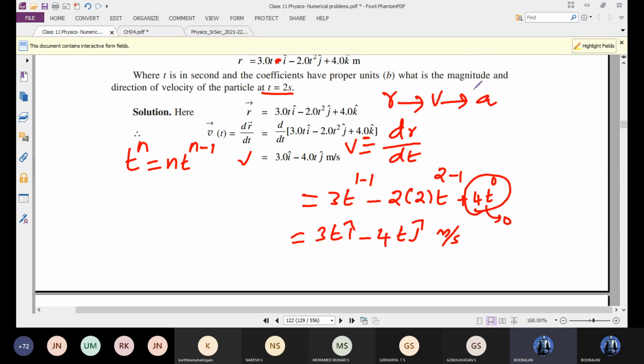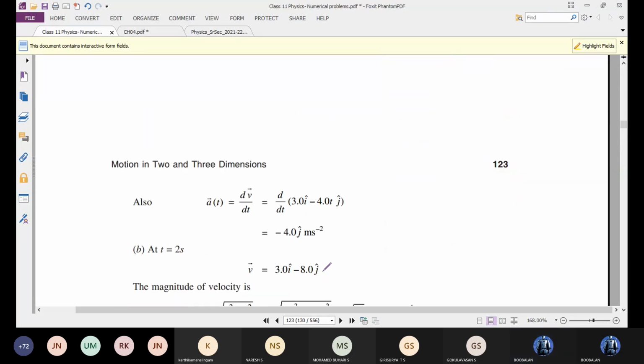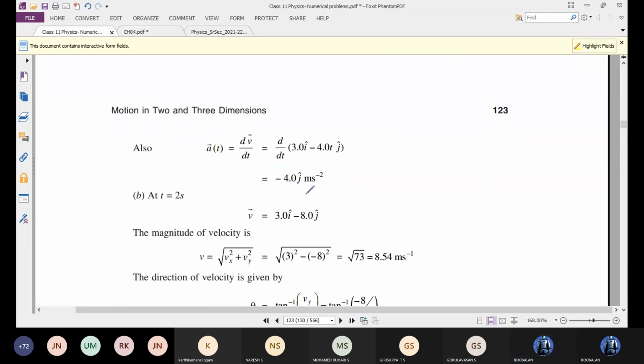Listen. What is the magnitude and the direction of the velocity of the particle at 2 seconds? This part is completed. So next we want to find the direction of velocity. After velocity we go for the next differentiation. It is acceleration, no? Position, velocity, acceleration.